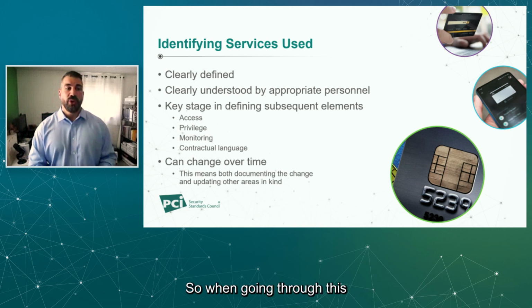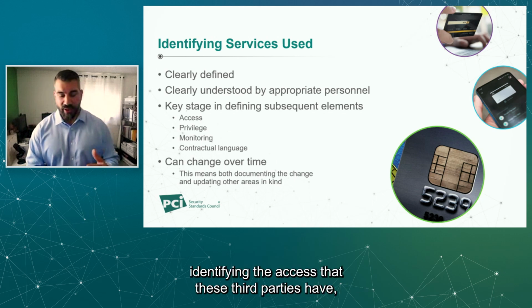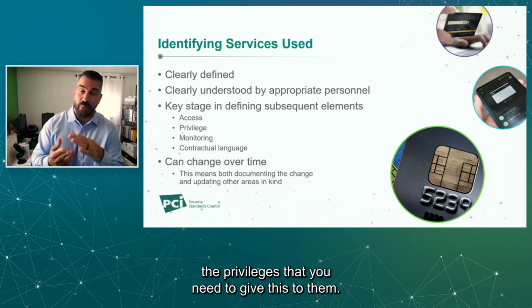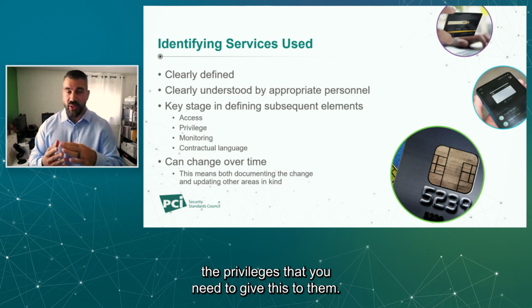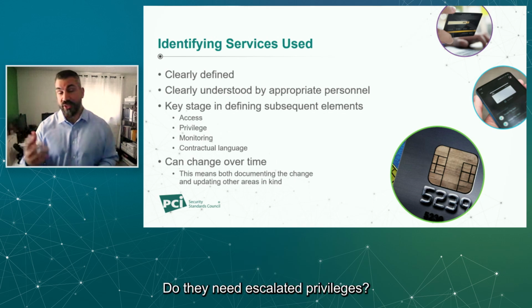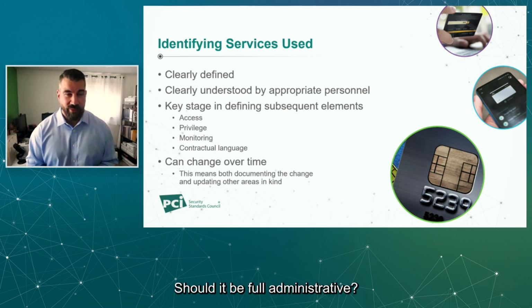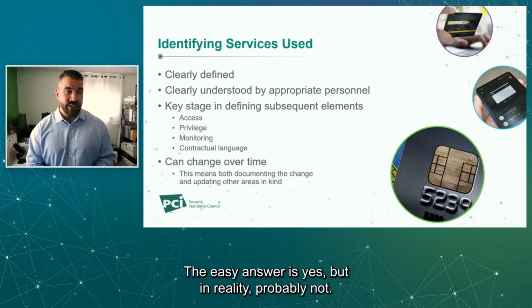So when going through this, identifying the access that these third parties have, the privileges that you need to give to them, do they need escalated privileges? If so, how escalated? Should it be full administrative? The easy answer is yes, but in reality, probably not.